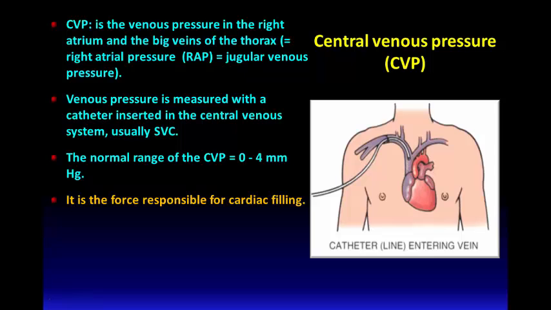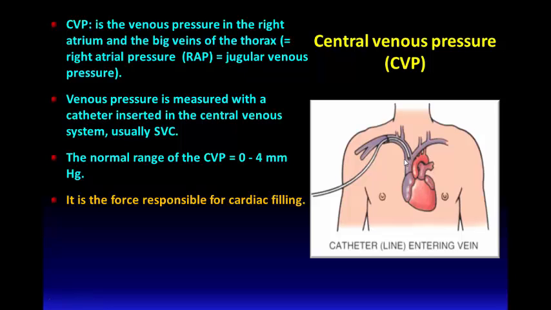Central venous pressure is measured with a catheter inserted into the central venous system, usually the superior vena cava. The normal range of the central venous pressure is from 0, which is the atmospheric pressure, up to 4 millimeters of mercury.